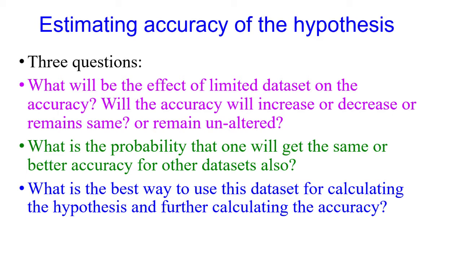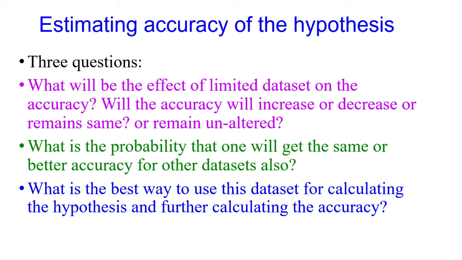Second question is, suppose that for the additional data sets or for similar data sets, the model outperforms, means the accuracy obtained is good, then will this continue for the other data sets also?